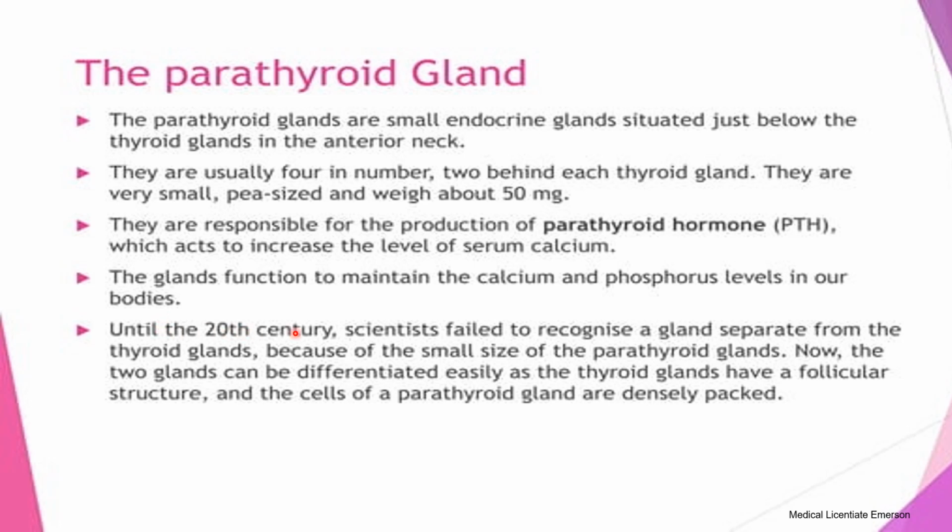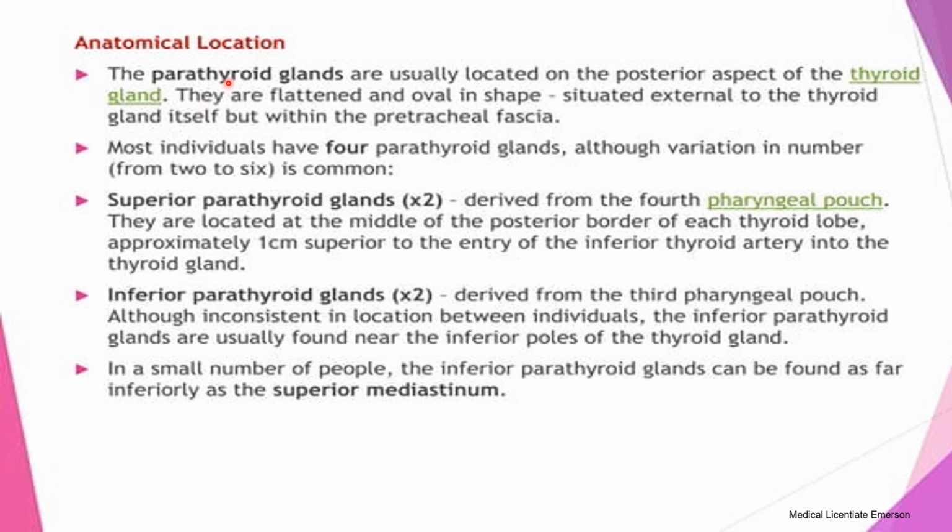Until the 20th century, scientists failed to recognize the glands as separate from the thyroid gland because of the small size of the parathyroid glands. Now the two glands can be differentiated easily, as the thyroid gland has a follicular structure and the cells of the parathyroid glands are densely packed. In terms of anatomical location, the parathyroid glands are usually located on the posterior aspect of the thyroid gland.